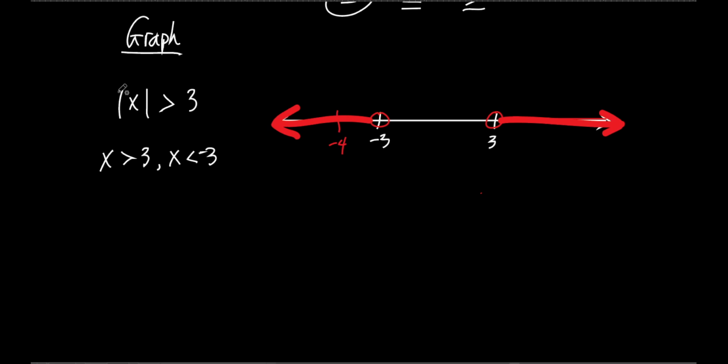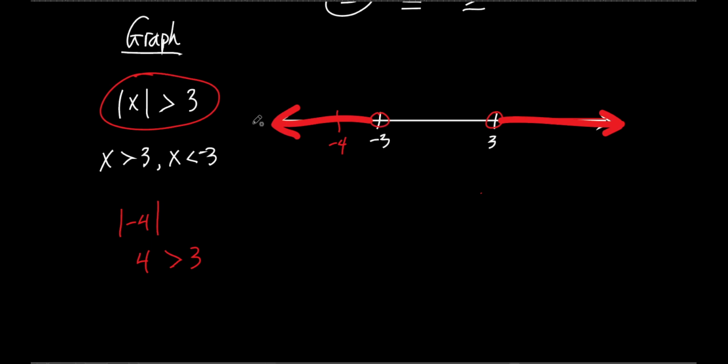What's the absolute value of negative 4? It's positive 4. Is positive 4 greater than 3? Yes, it is. So negative 4 is one of my possible solutions. I could keep going forever: negative 5, negative 6, negative 7. Anything less than negative 3 is going to satisfy this.